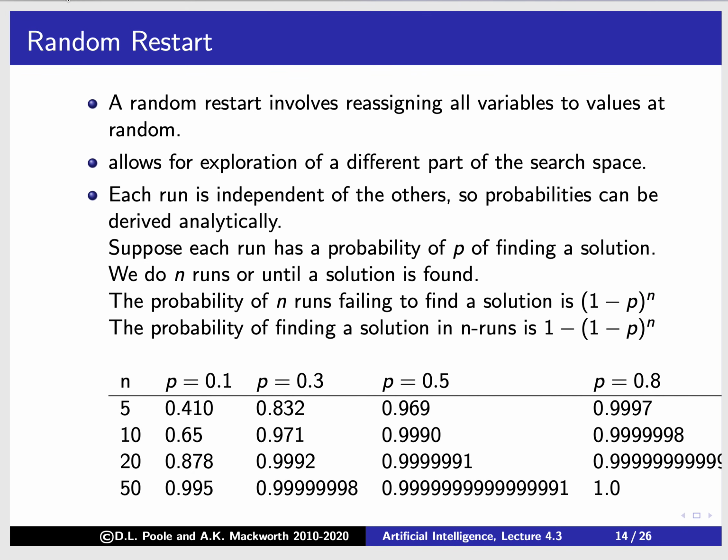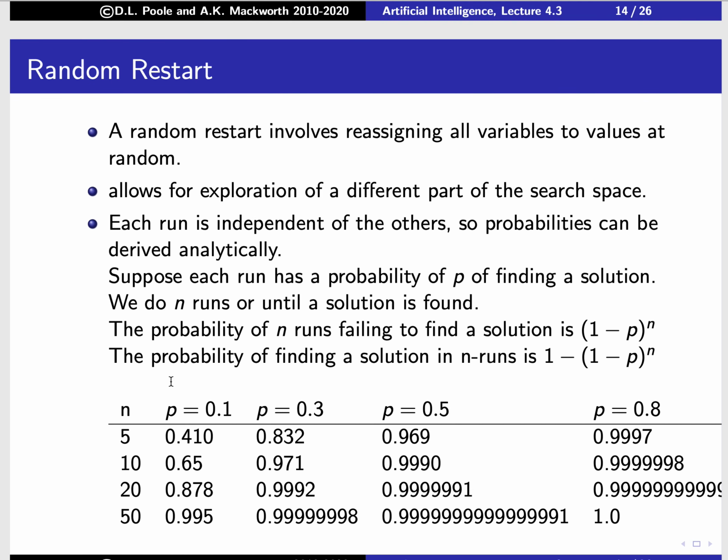Okay, and if you plot this, if the probability of it actually succeeding is 0.1, and we run it 5 times, we end up with a chance of 0.4. Even though each time it's unlikely to find a solution, after 50 runs, it's likely to find a solution 99.5% of the time.